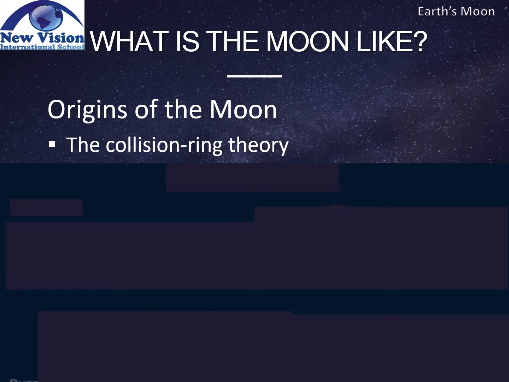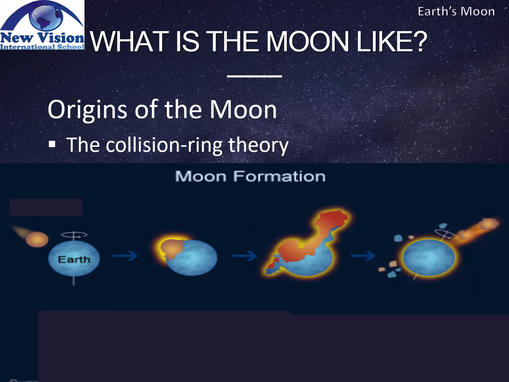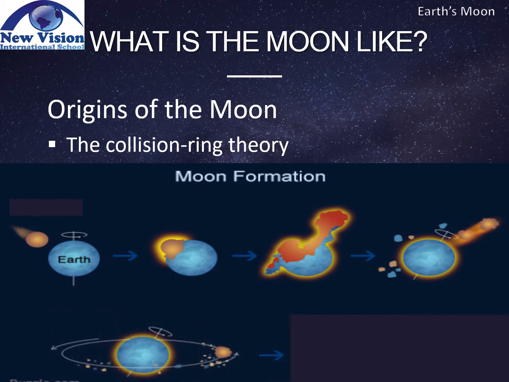Scientists theorized that a planet-sized object collided with Earth. Material from the object and Earth's outer layers was ejected into orbit around Earth, where it formed a ring. Gravity caused this material to clump together to form the moon.